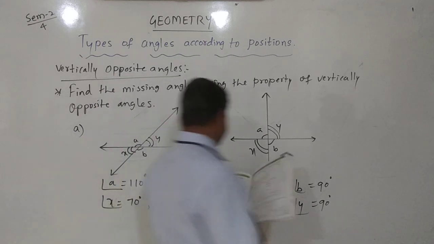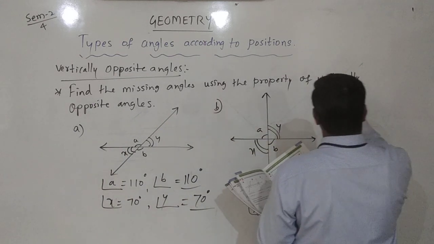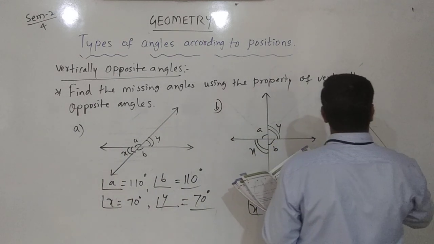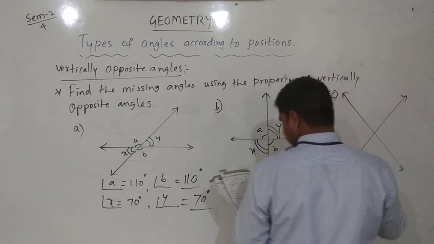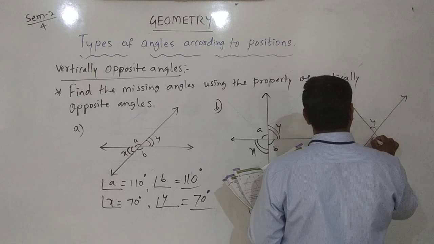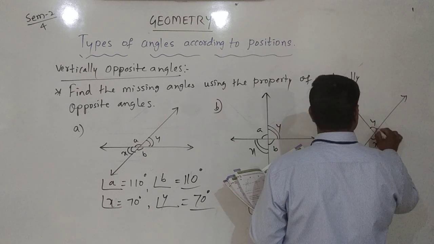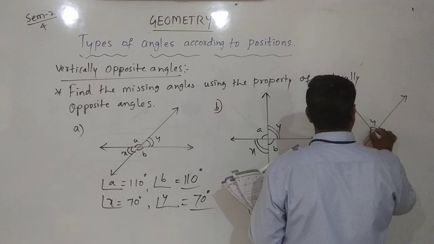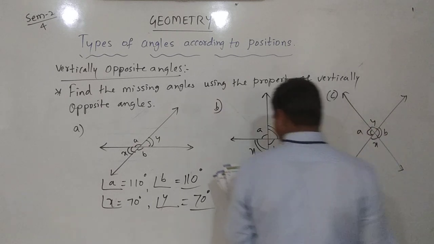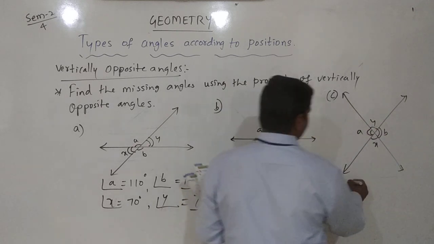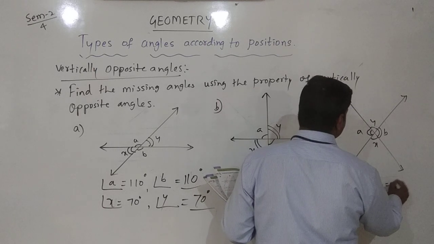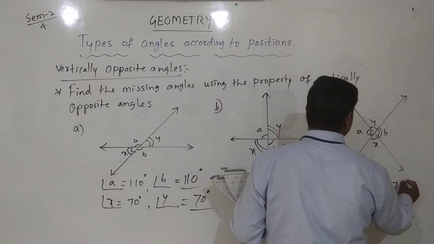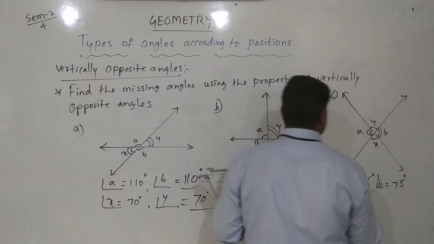In the C question, simple one. It is Y, it is X, it's B, it's A. Then angle A is equal to 75 degrees. Then automatically angle B is equal to 75 degrees.